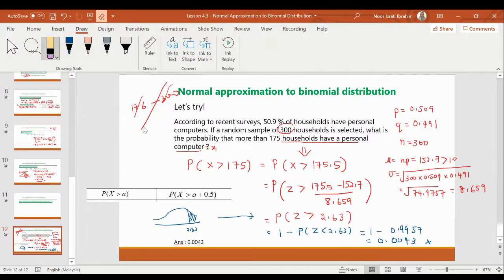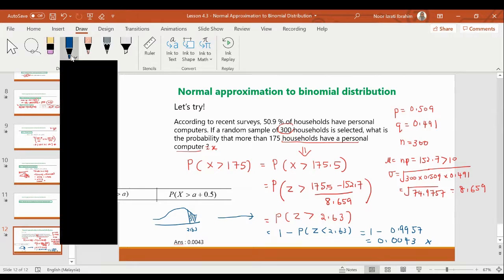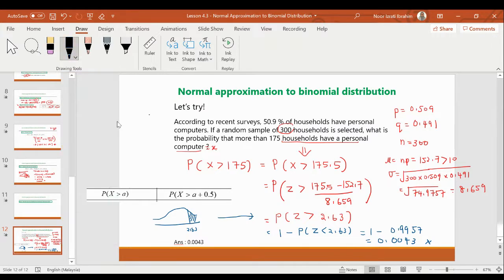And this is normal approximation. First step is you have to do continuity correction to the question. Then the second step is convert or transform the x to become z. It will be x minus mean divided by standard deviation. To find the mean, n times p.